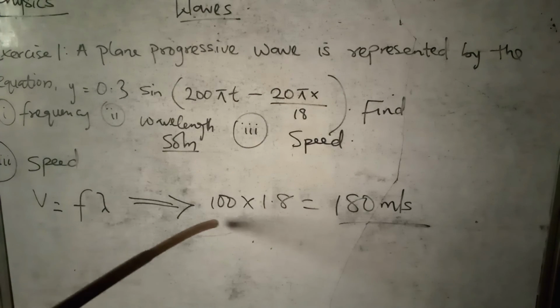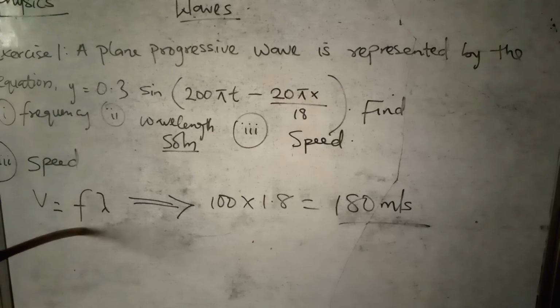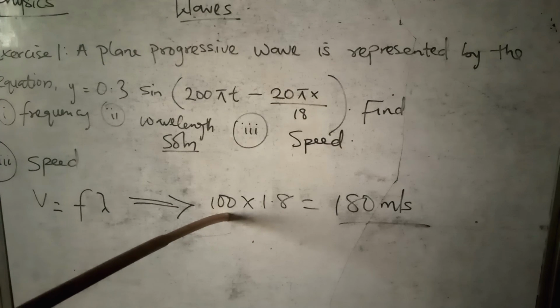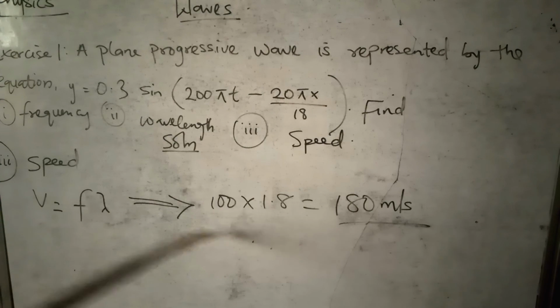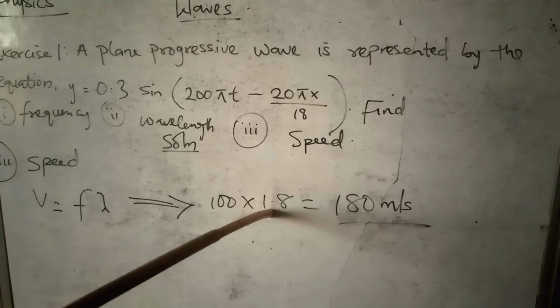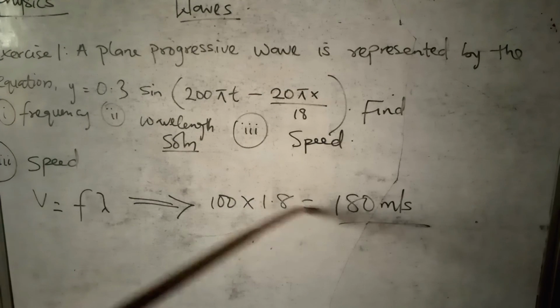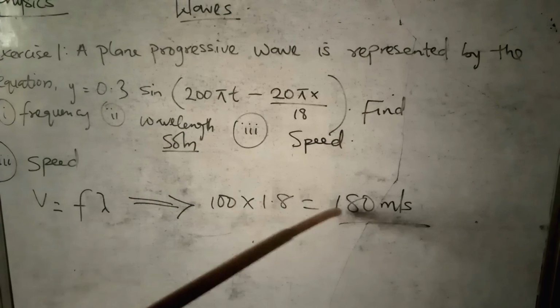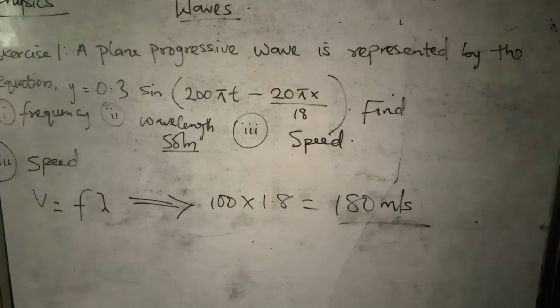The calculated frequency is 100, and the calculated wavelength is 1.8. When you multiply the two values together, we have that our speed v is equal to 180 meters per second. That is our final answer for speed.